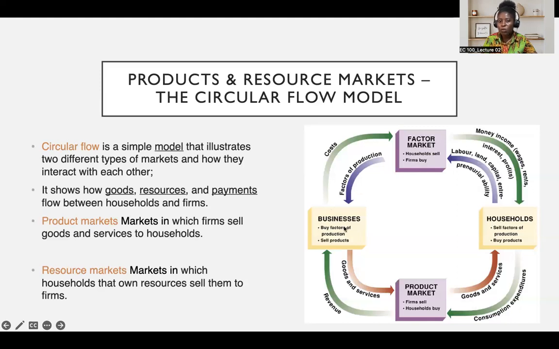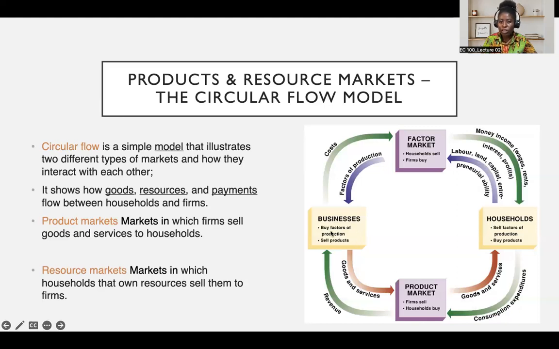In the process of producing goods, they are going to incur costs. So they're going to pay for the costs. Some of the costs that are being paid to cover wages, rent, all that, is also the income that goes to the households. Okay, so that is what happens in the factor market.